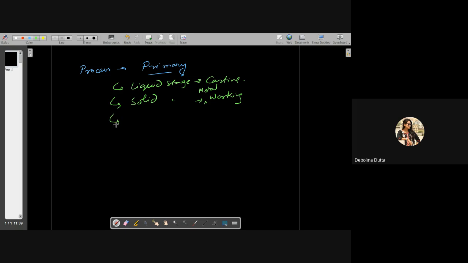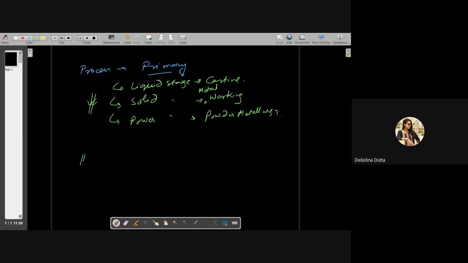If it happens in the powder stage, it is known as powder metallurgy. Okay, so these are the primary manufacturing processes.